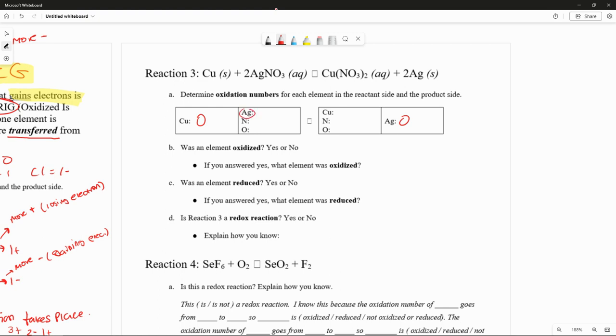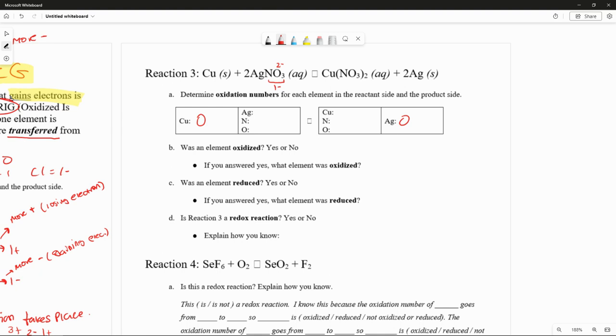Taking a look at our Ag and N and O first, we know that O has an oxidation number of 2 minus. That's one of our rules. And we know that the whole NO3 ion is nitrate, which is 1 minus.